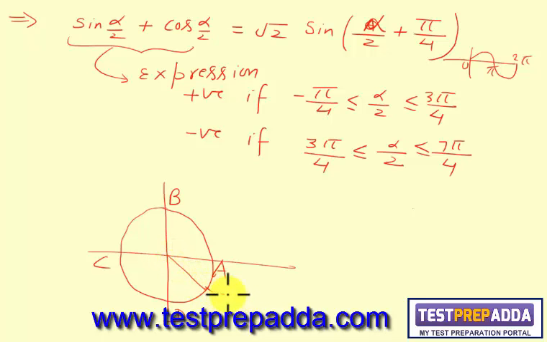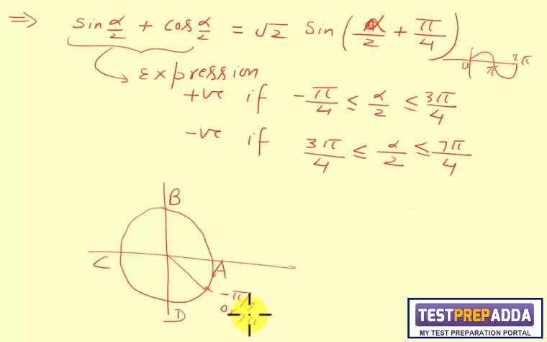So this I can write as minus pi by 4, which is actually in the anti-clockwise direction. If I go, it will be 7 pi by 4, and this side, this is 3 pi by 4.